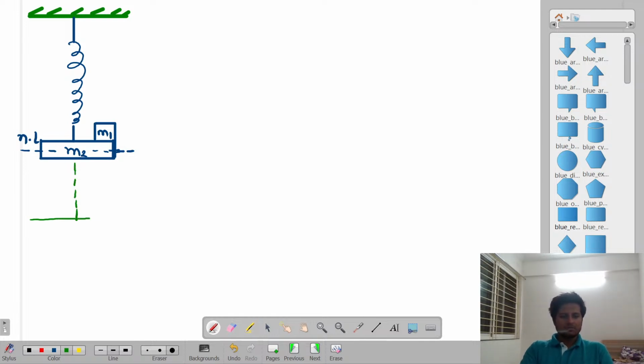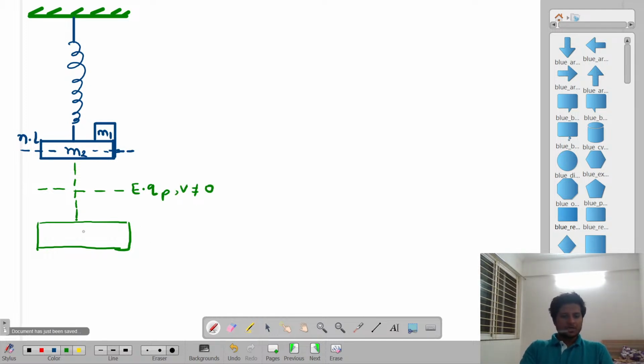And where will it come? At the equilibrium point, its velocity will not be equal to zero, right? I'm considering a point where its velocity is zero.